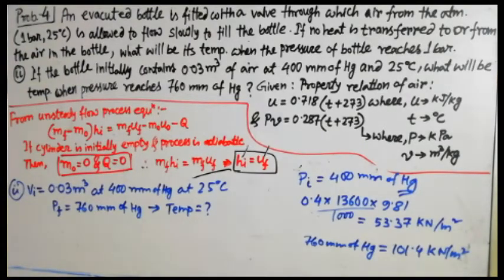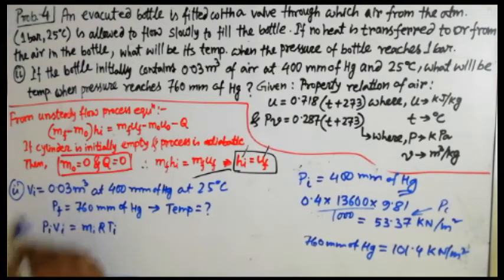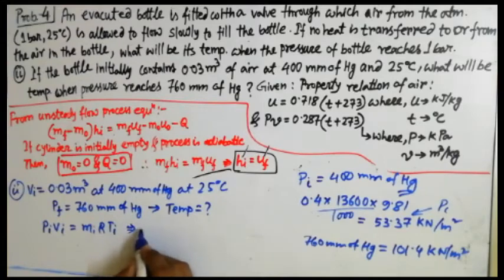Okay, now what we are going to use here is the gas equation: Pi Vi equals mi R Ti, that same gas equation. Now at the initial stage Pi is known, Vi is also known and Ti is also known. So from there you can easily find out the value of mi.